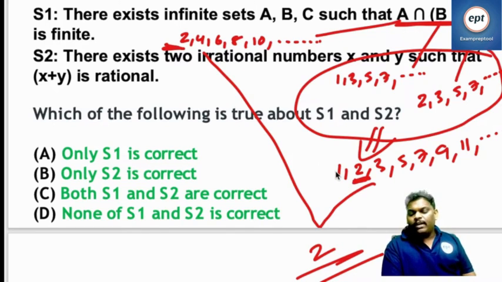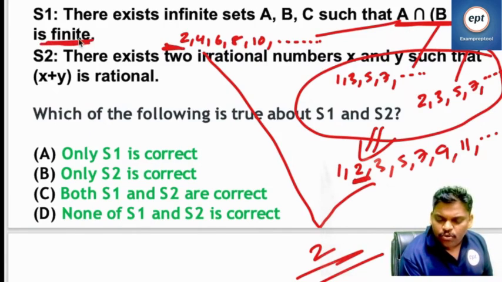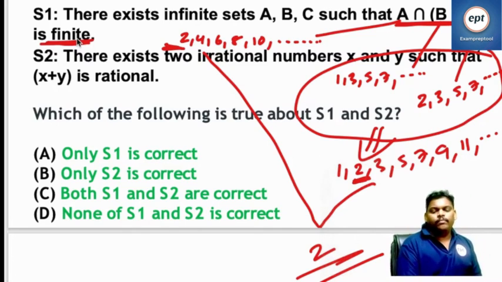So even number intersection with that, you will get 2. 2 is common in the prime numbers and even numbers. But anyhow, he is saying finite, so no problem.